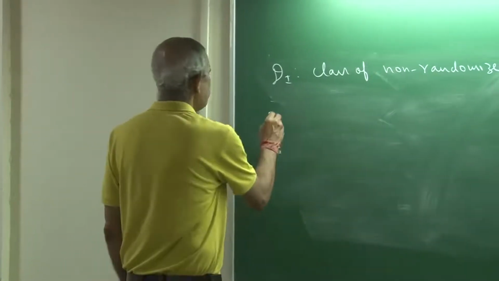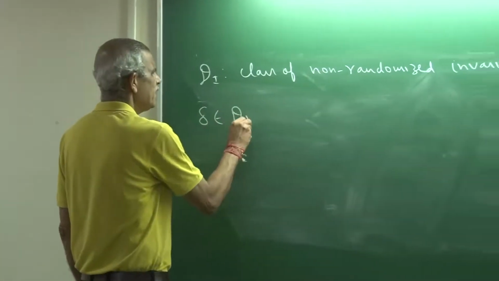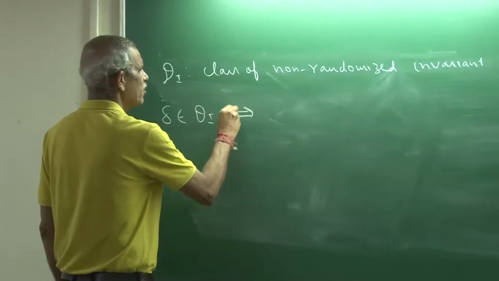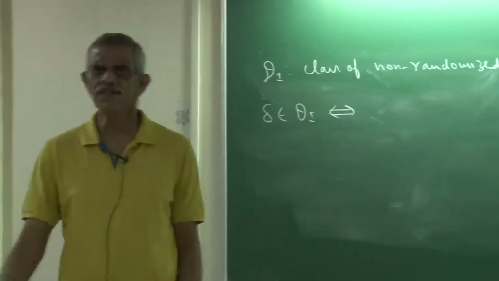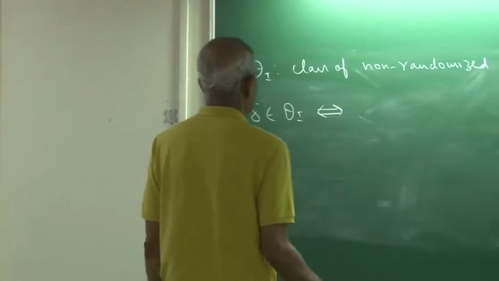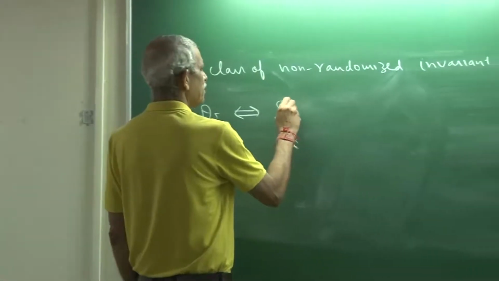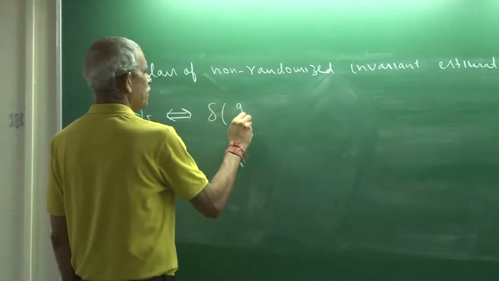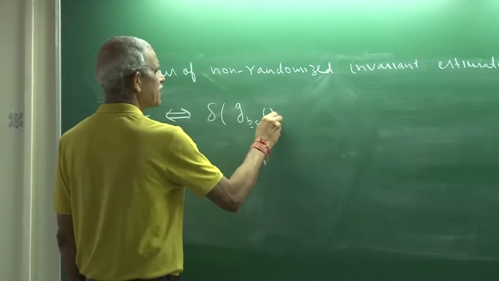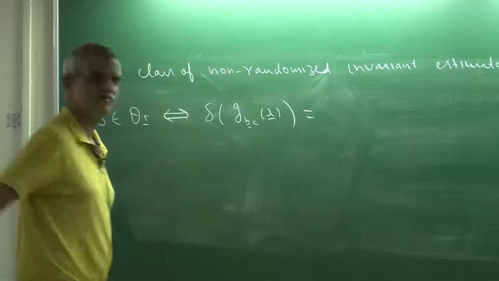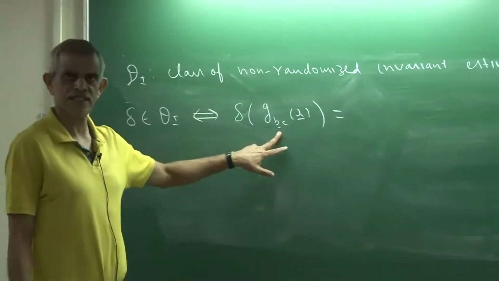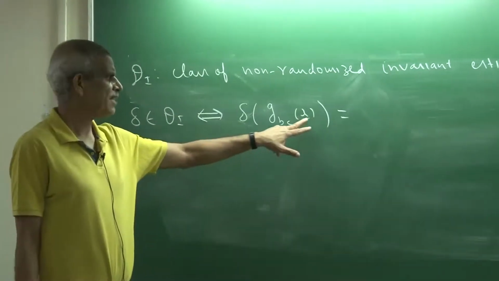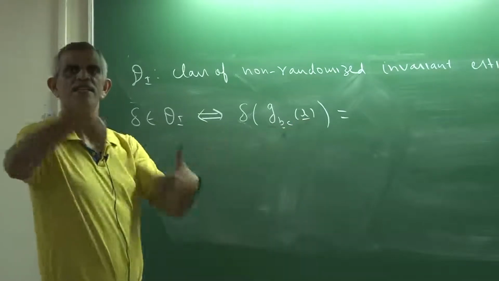So let us see what is the definition of an invariant estimator. So delta belongs to D_I if and only if delta of g_{b,c} of X, so this is the observation transformed, would be the same as, you don't change the observation, you just change the action.